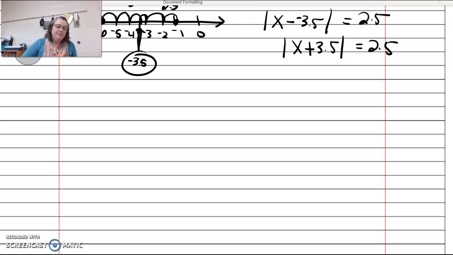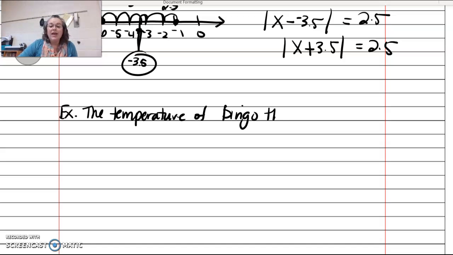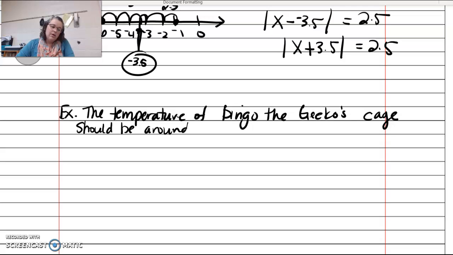Let's try a story problem. So if I gave us like the temperature of Bingo the gecko's cage should be around 70 degrees, give or take 5.